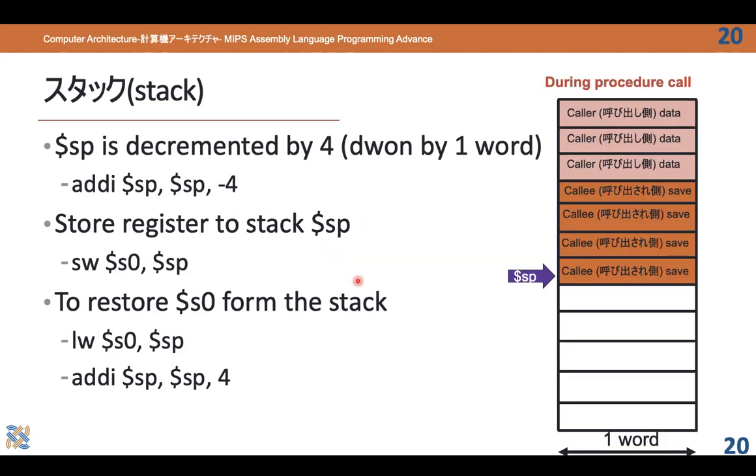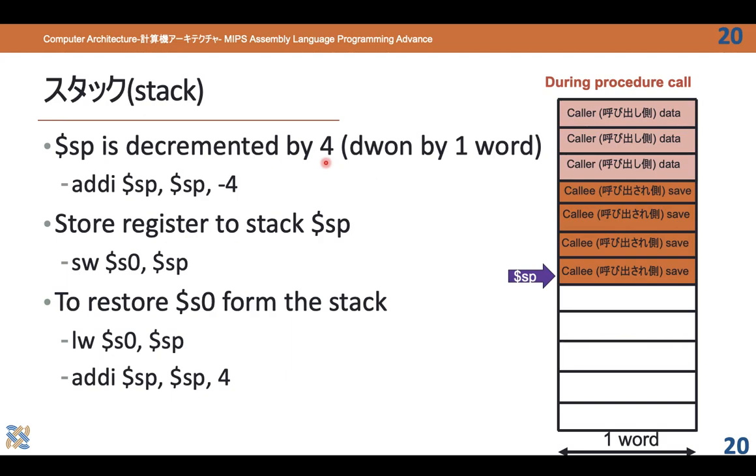So in a stack pointer, first you need to decrement it by 4 to store any value from the register set. Before going deeper, keep in mind that the stack is memory used by the local procedure.